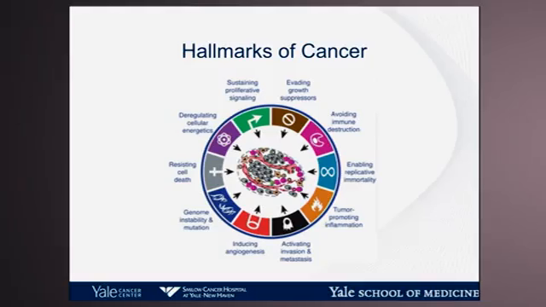Well, there are a number of key factors that go into regulating that process. And when those factors are dysregulated, then we have the hallmarks of cancer. Let's look at some of those. This is a very nice paradigm for thinking about cancer and different mechanisms that may be at play when we think about what dysregulates cells and causes them to become cancerous.